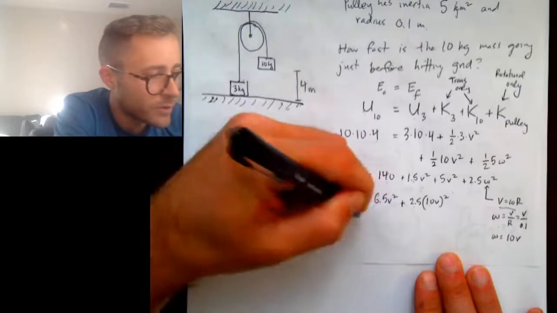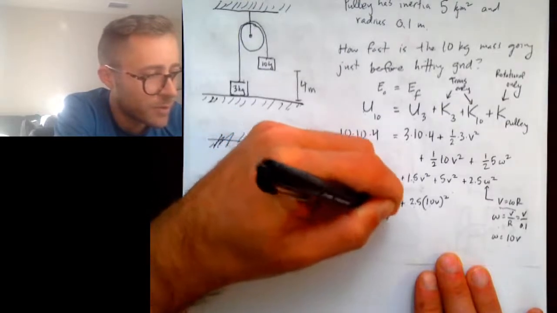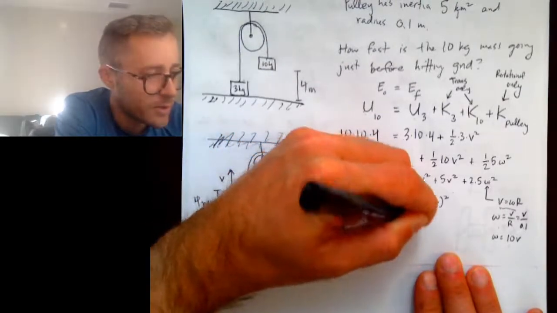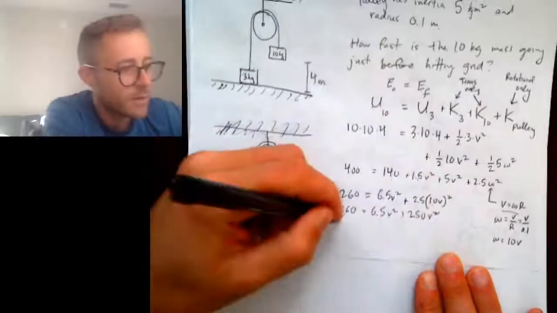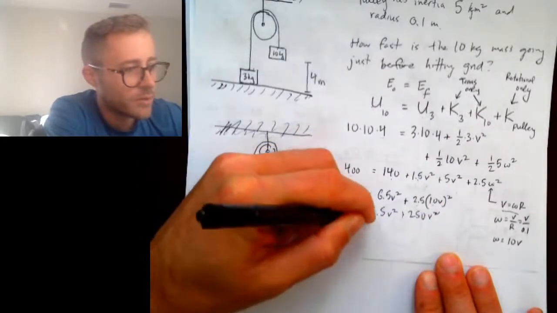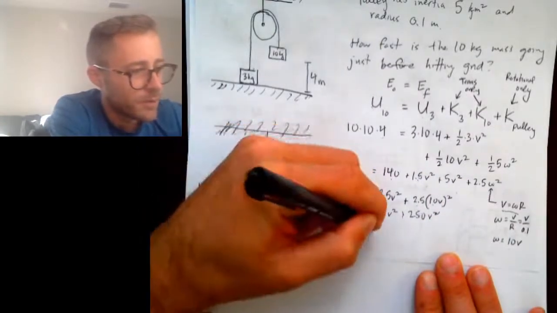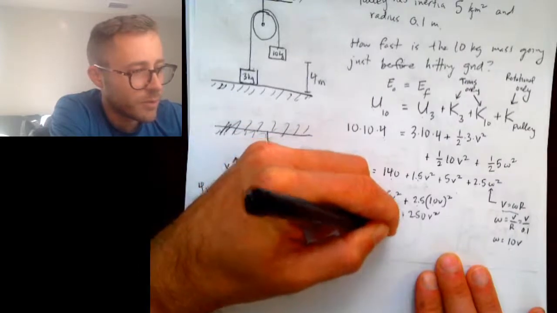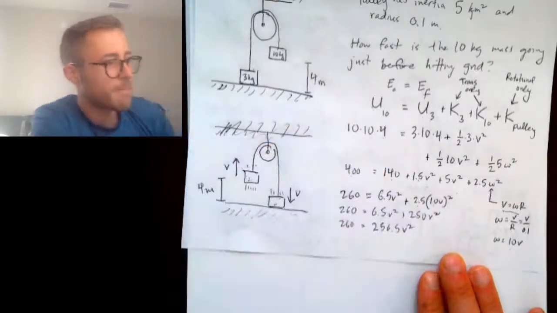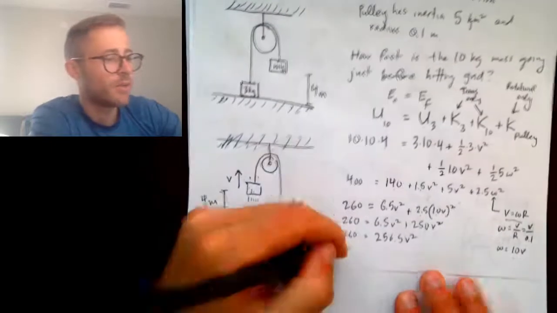So I have 260 equals 6.5 v squared plus 250 v squared. 260 equals 256.5 v squared. And I can solve that for v squared.